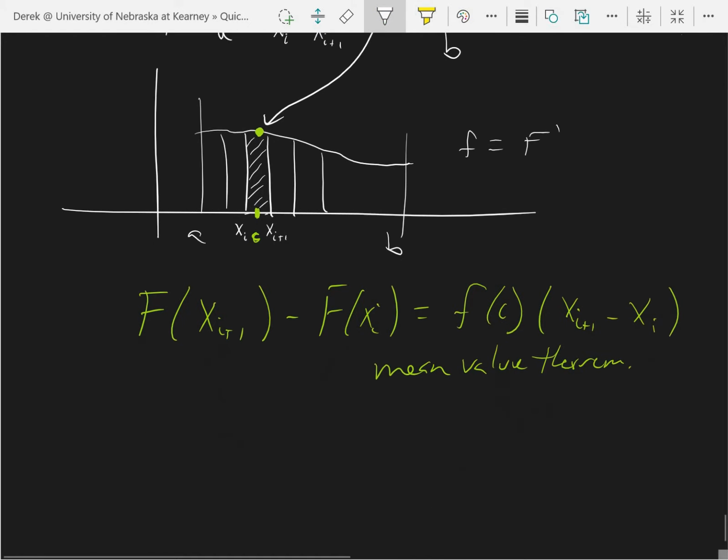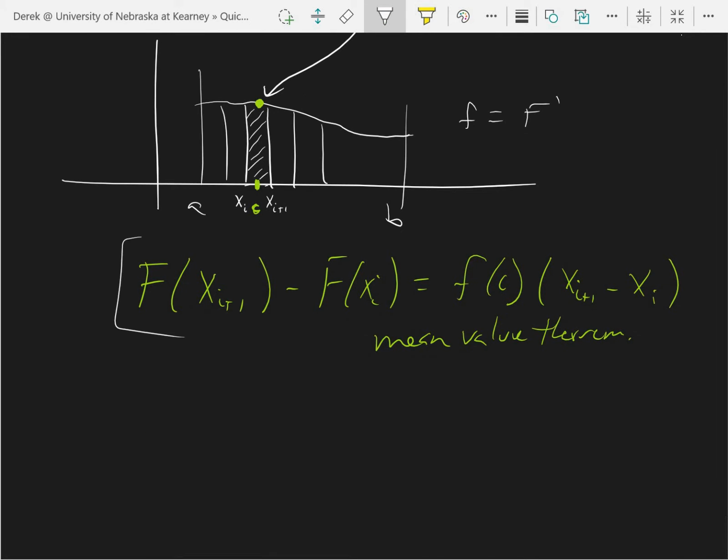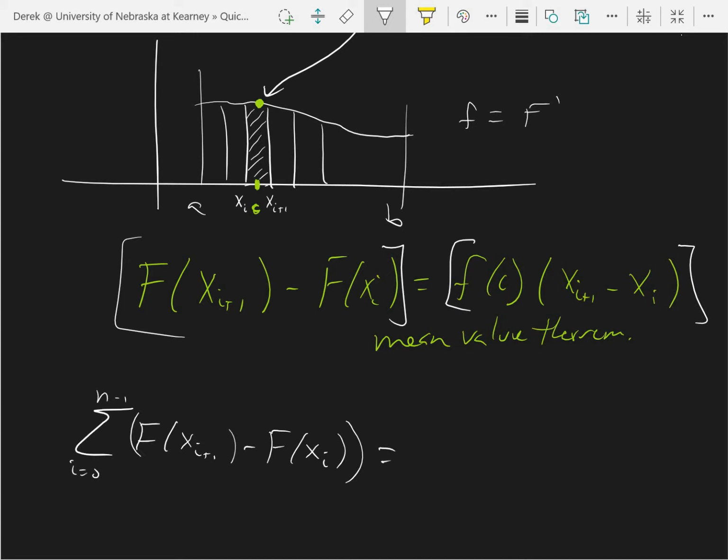And so this and this, if we add them up, if I take the sum from i equals 0 to n minus 1 of capital F of xi plus 1 minus capital F at xi, that should equal, adding up the same things, I'm going to call this ci for the c in the ith interval, 0 to n minus 1, f of ci delta xi.